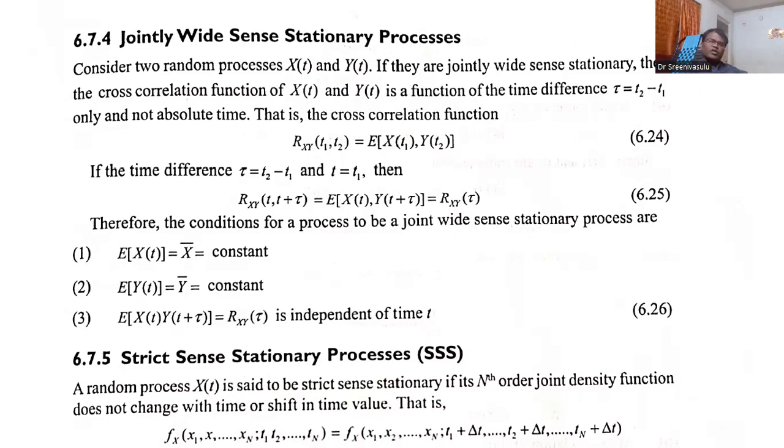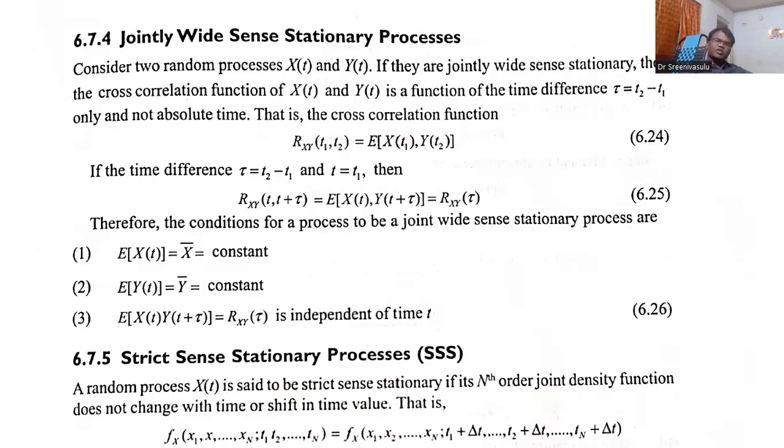So we know the formula of cross correlation. Previously it was Rxx, now it is Rxy. The cross correlation between two random processes is nothing but the expected value of x of t1 into y of t2.